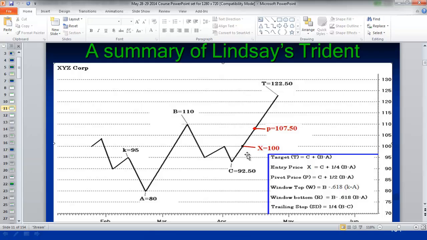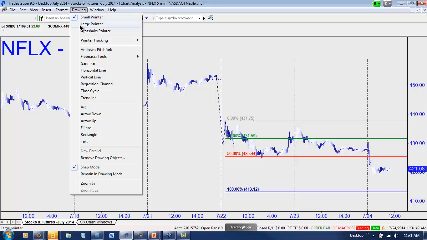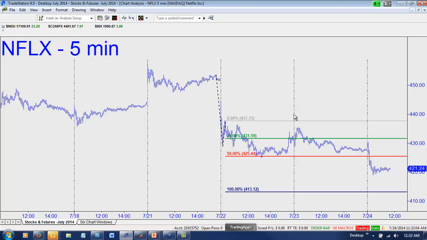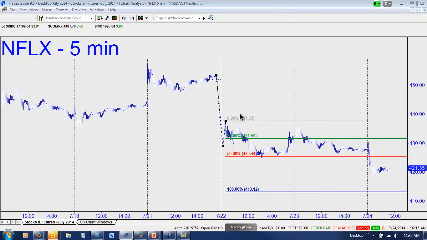All right, the utility that I use in TradeStation is in the drawing tool set, something called the extension line. In the Fibonacci tools, under price extension line, you can create a tool that gives you these ABC patterns. To format it, you put up the regular extension line drawing tool, click on it, and you get the format, and you can format it in the following way.